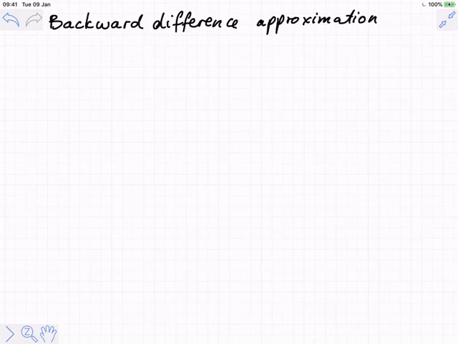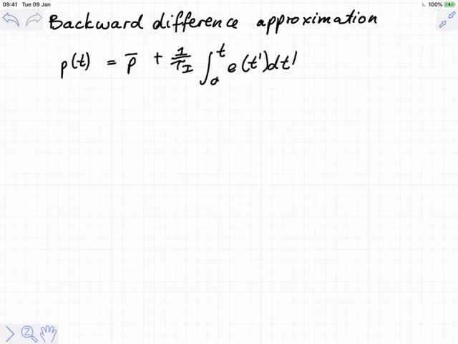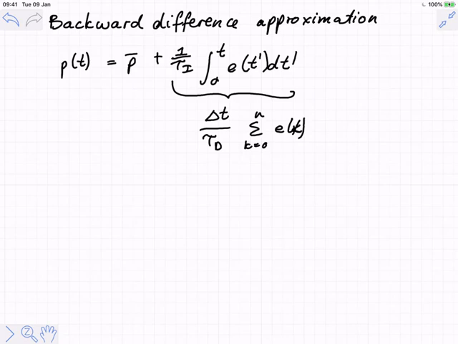We can see where this comes from if we start with something like this, and we can approximate this sum term by our standard Riemann sum, and we can then convert this to the Z domain using the techniques that we are familiar with.